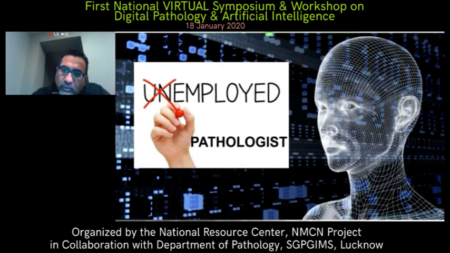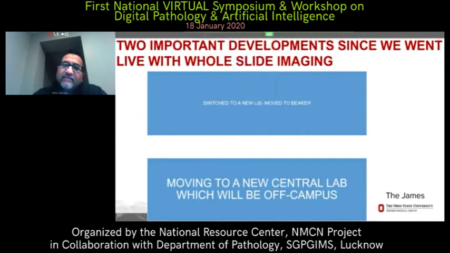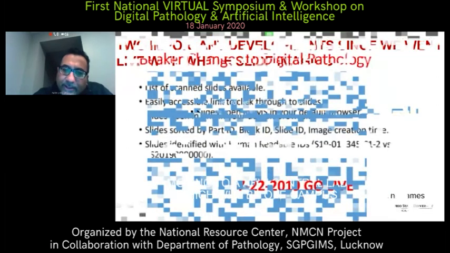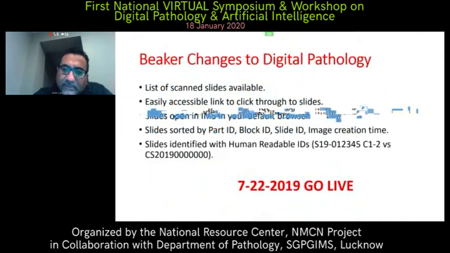So, two things that have happened since we went live with whole slide imaging. We switched to a new lab information system, which was integrated with our electronic medical record, and we moved to a new central lab, which was off campus. So we went live with Beaker in July of 2019. So with this, now I have a list of scan slides instantaneously available.